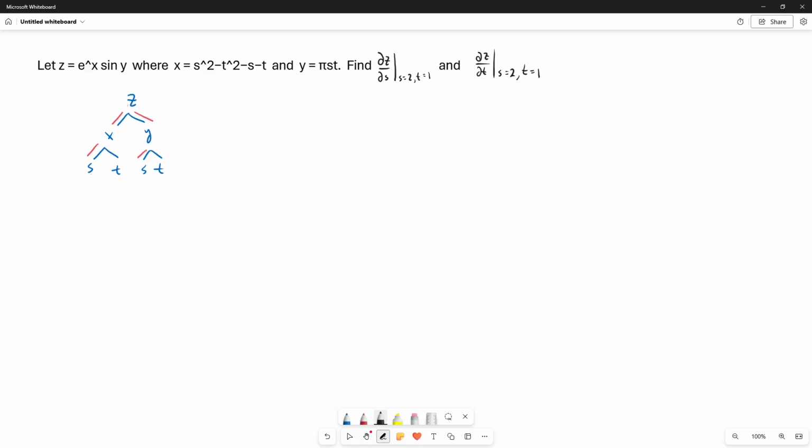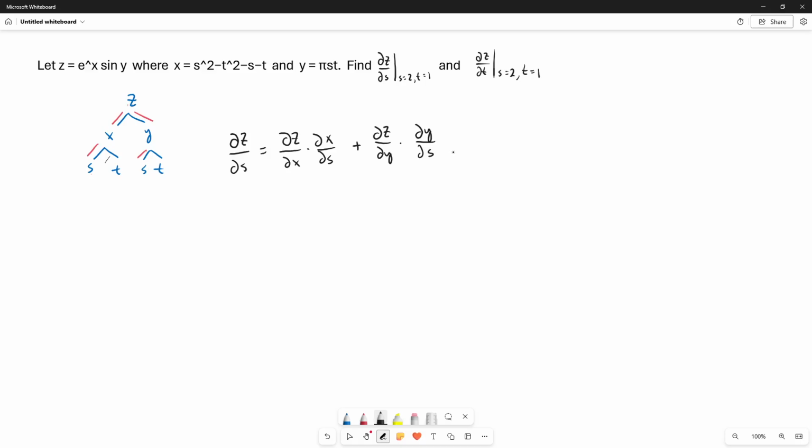So the chain rule says the partial derivative of z with respect to s is going to be the sum of the derivative of z with respect to x times the partial derivative of x with respect to s, that takes care of the first branch, plus the partial derivative of z with respect to y times the partial derivative of y with respect to s.